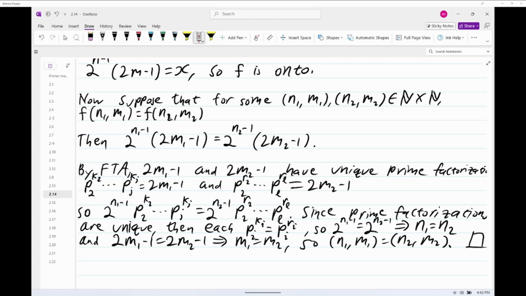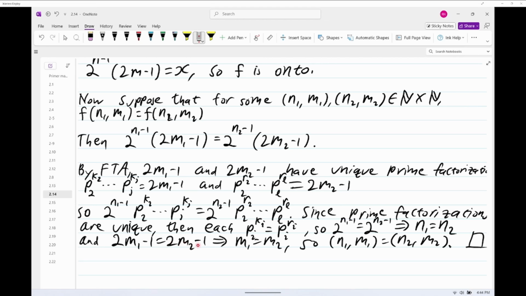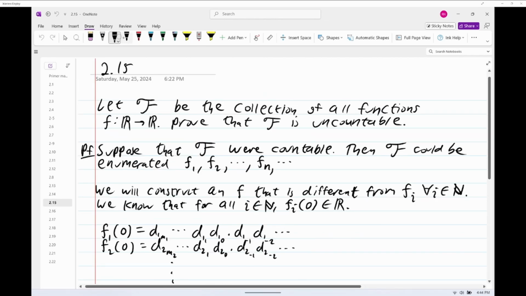This also means that the entirety of this is equal to the entirety of this, which means 2m1 minus 1 equals 2m2 minus 1, which is going to mean that m1 equals m2. So these coordinates are the same. Makes sense.